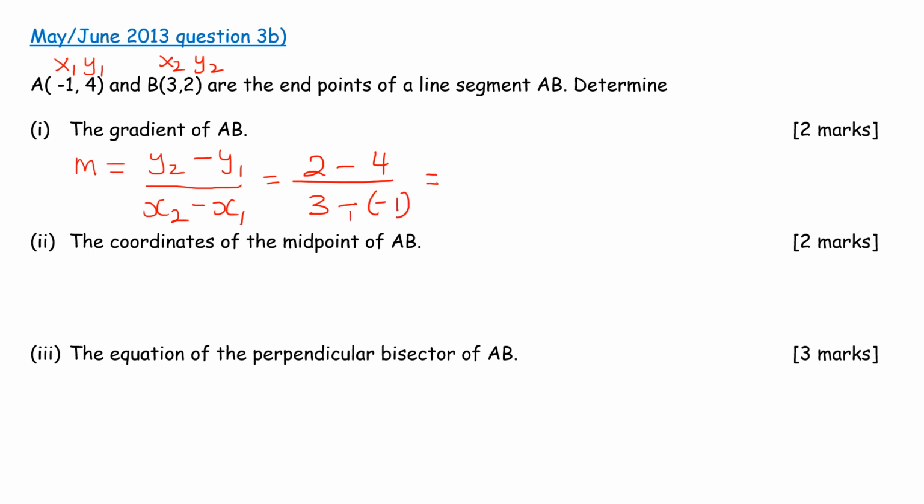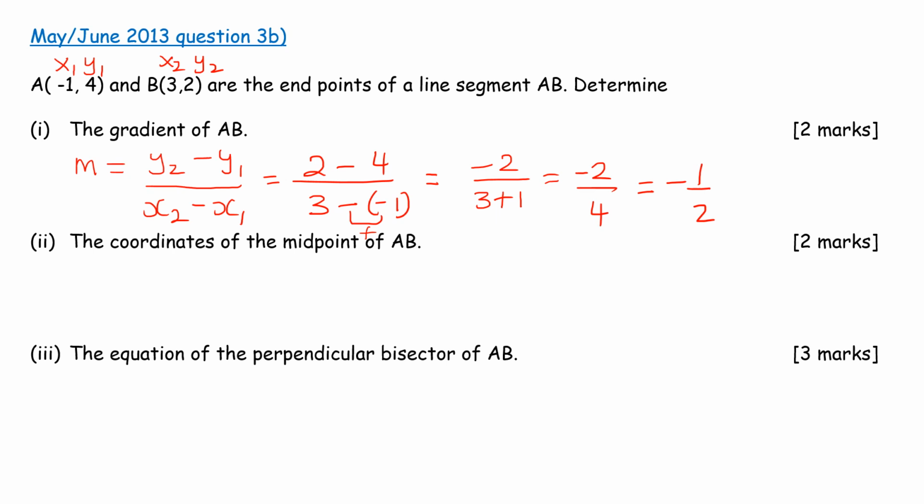We know that these two signs here are going to give us a plus, following the rules. So 2 minus 4 is -2, over 3 plus 1, so that'll be -2 over 4. So we're going to get -1/2.